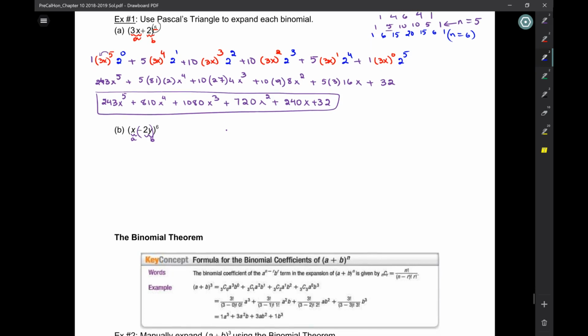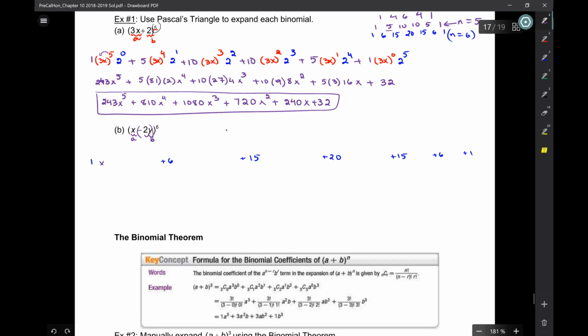What I also like to do sometimes is just put my coefficients: 1, and then a 6, and then a 15, and then a 20, and then another 15, and then a 6, and then a 1. Okay, you can do it that way, or you could put it in later on. It's up to you.